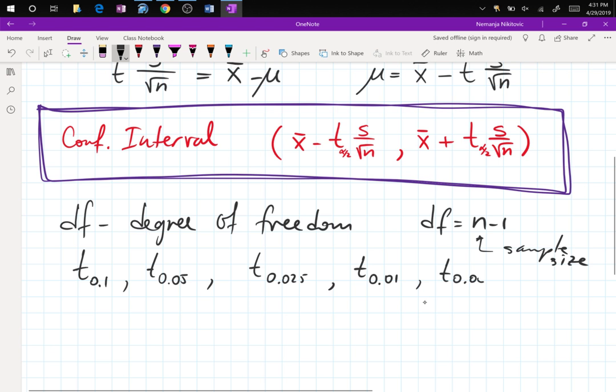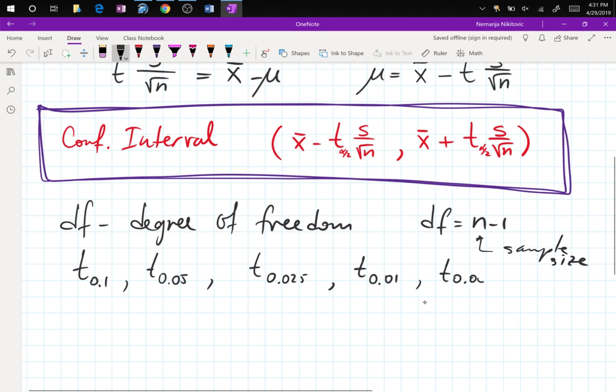What's important before we go and look at any of the values is that you have a two-tail calculation in here, just like you had a two-tail calculation for the Z. That is why it's T alpha over 2.